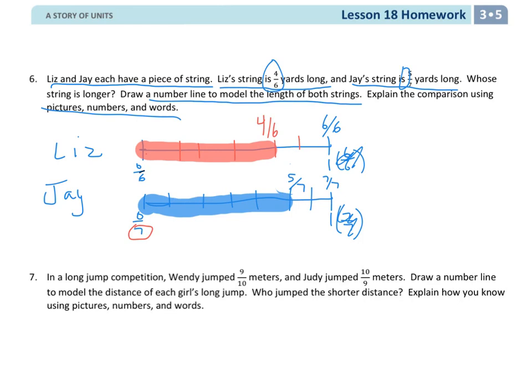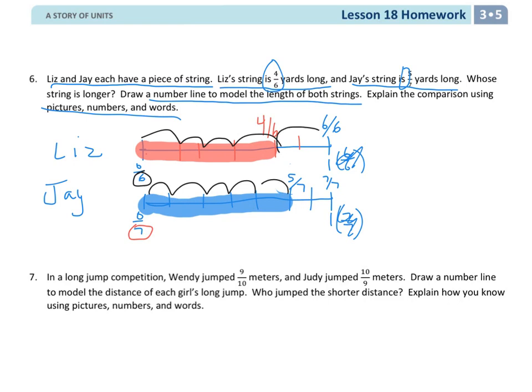If I have a smaller number, like 6, then the pieces are going to be bigger. So Liz has 4 bigger pieces, and Jay has 5 smaller pieces. That's not going to help me.